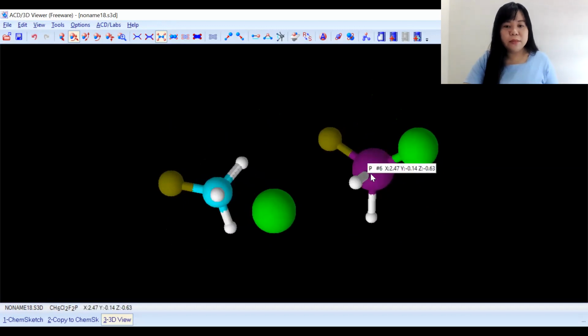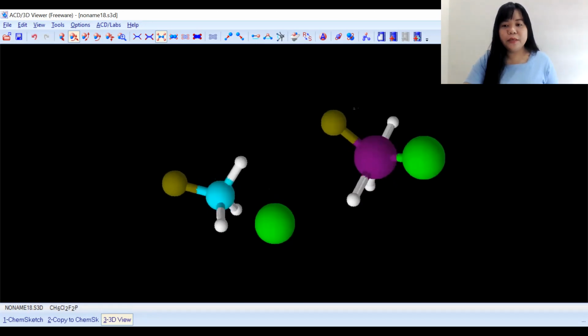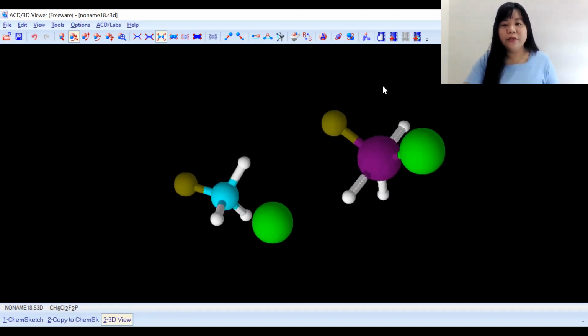Here's the alpha carbon, and then here's the leaving group partially leaving, and here's the nucleophile partially attaching itself to the structure. And because there are 5 groups around the carbon, it's considered pentavalent, and it's going to have a trigonal bipyramidal shape.